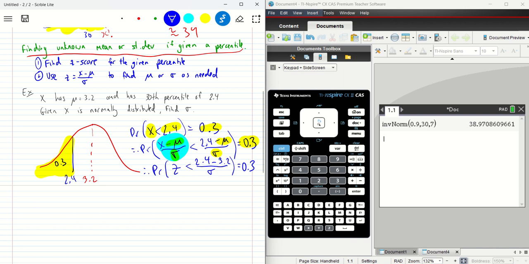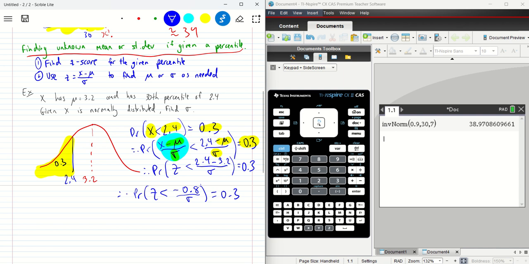Okay, so I'm pretty happy. I'll just rewrite it. Probability that Z is less than 2.4 take away 3.2, which is negative 0.8, over sigma, equals 0.3.